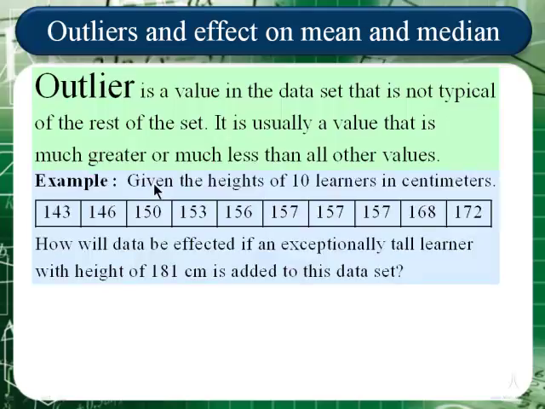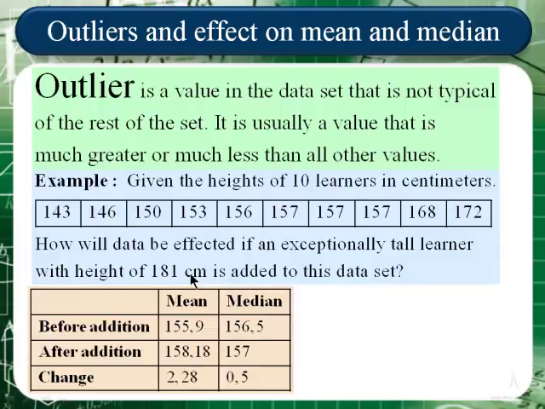Consider the example where we are given the heights of 10 learners in centimeters, ordered in ascending order. The question is, how will the data be affected if an exceptionally tall learner, say with a height of 181 centimeters, is added to the data set?